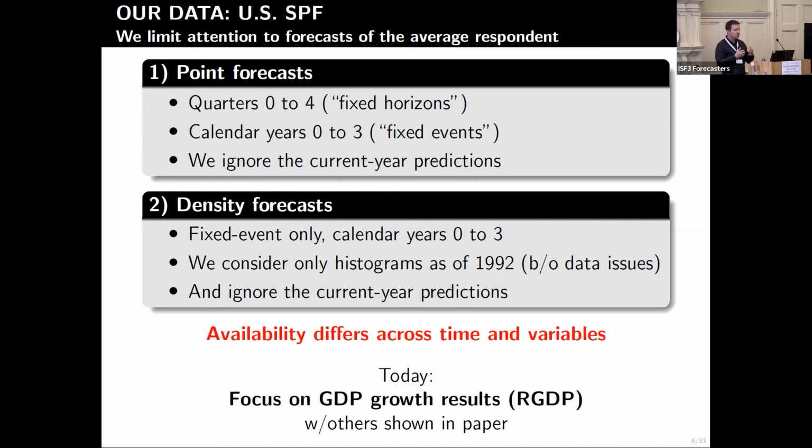And again, we ignore the current calendar year predictions. The availability of these point forecasts and these histograms differs across time and across variables. So this is a difficulty that we need to take into account.